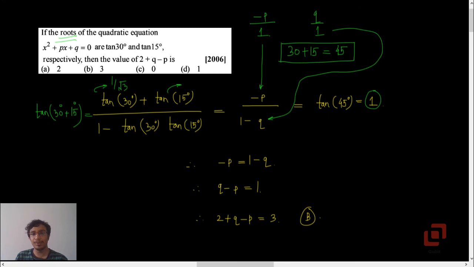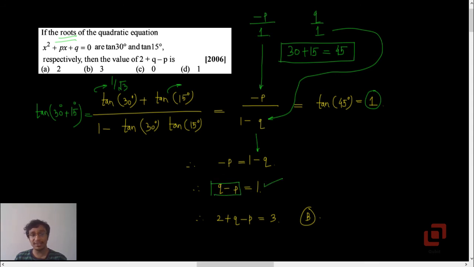Yes, so minus p upon 1 minus q equal to 1. Shift 1 minus q to the other side. Now it depends on what expression you would like to evaluate. It is 2 plus q minus p. So p has a negative sign, q has a positive sign. So shift q to the LHS. So q minus p will be 1.